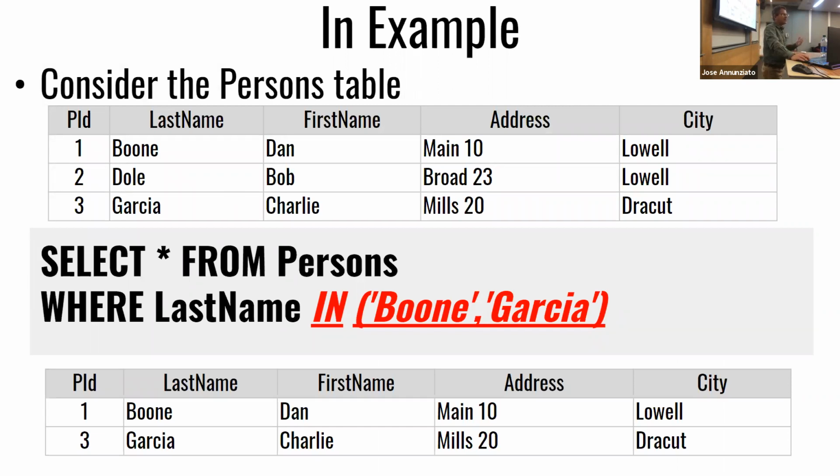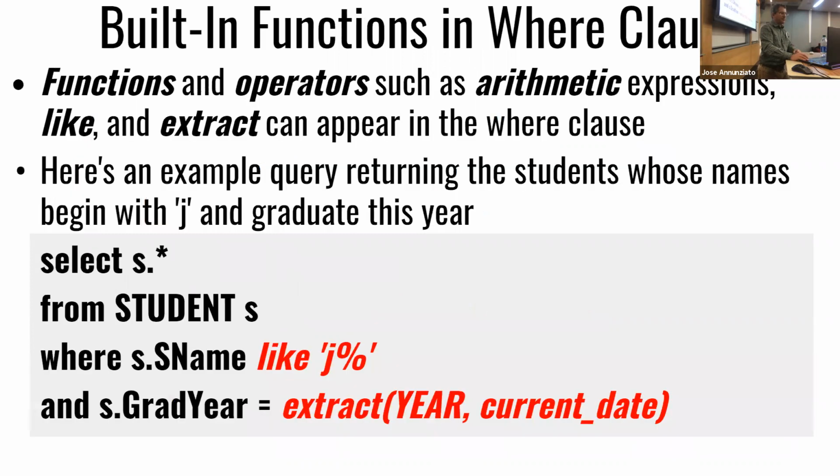So in this case, we're checking the last name, and then we're going to iterate over this list of last names and see if it's in there, and it'll pattern match, see if it's listed in that list of last names, and then we'll return that one person. We mentioned earlier that like allows you to do pattern matching, anything that starts with a J over here.